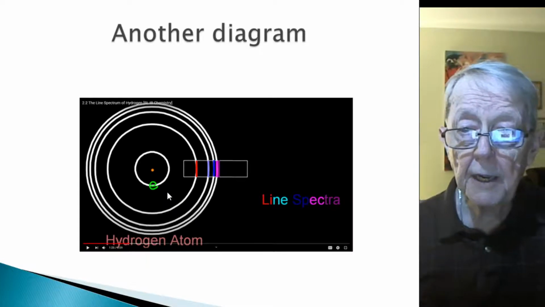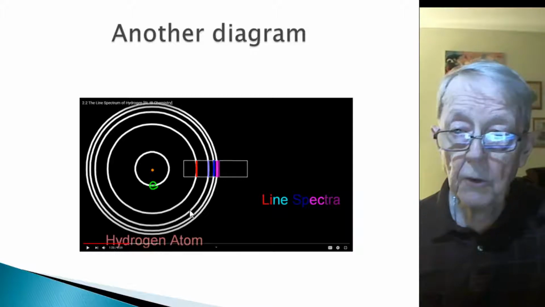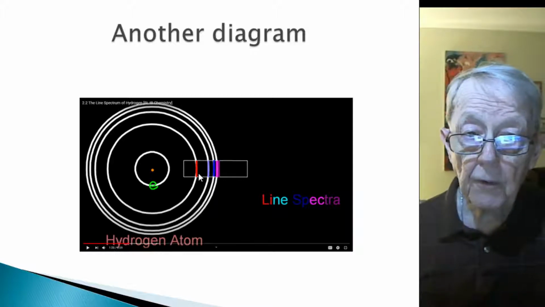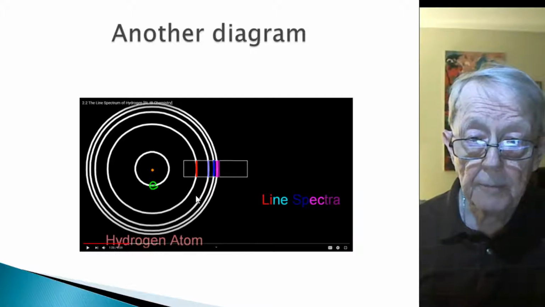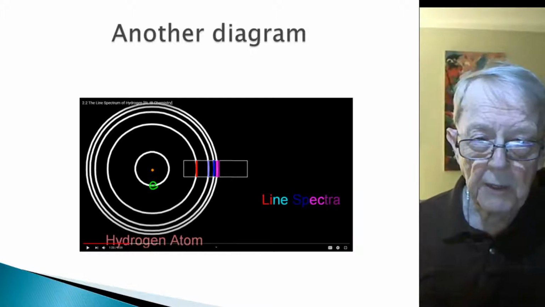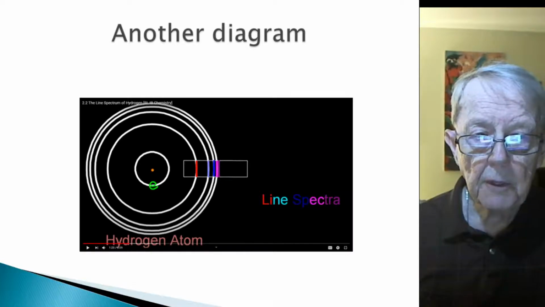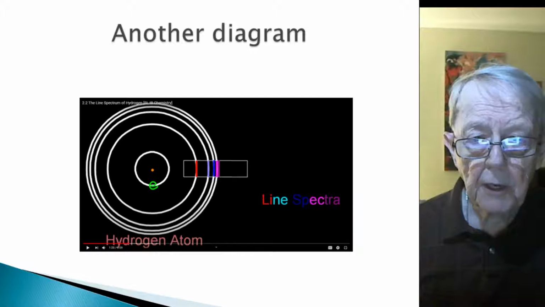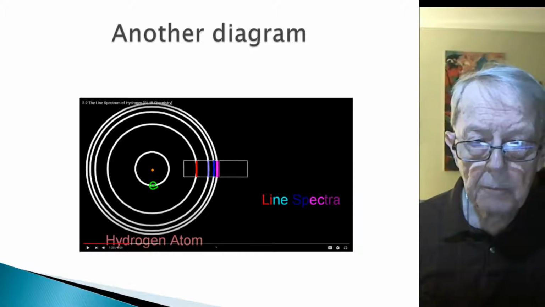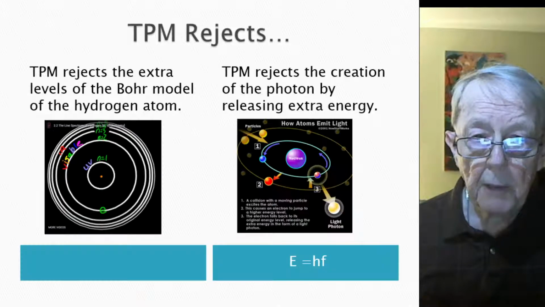They don't say that, but in normal orbiting, the further away it is, the slower it has to go if it's going to maintain an orbit. Whether it maintains an orbit or not, I don't know, but that's how they got this particular placement of the lines, from the spectra itself.